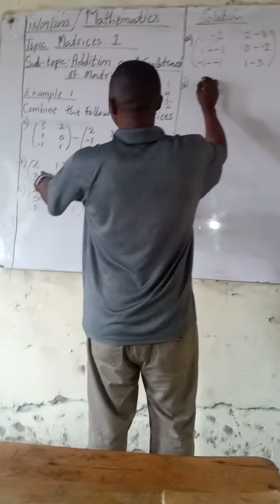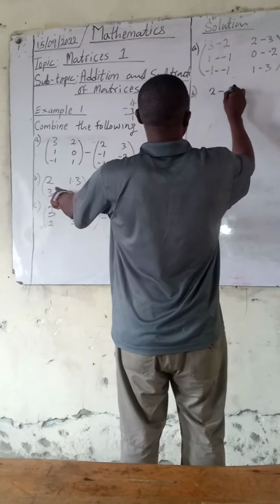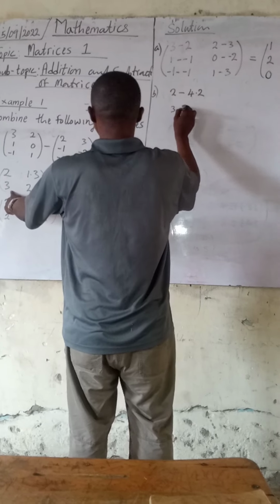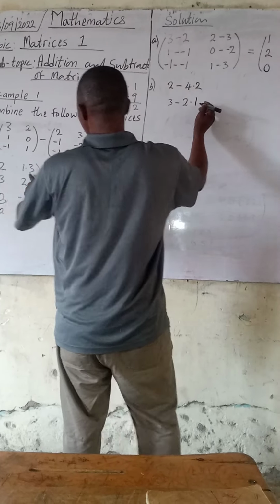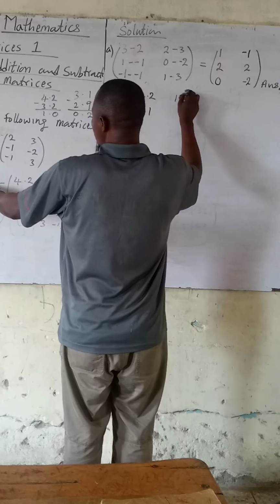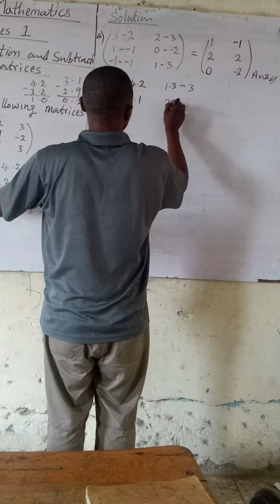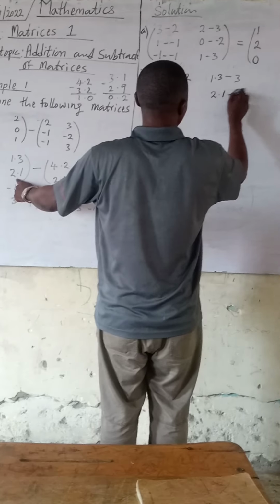Number 2 we have 2 minus 4.2, then 3 minus 2.1, 1.3 minus 3, 2.1 minus 4.